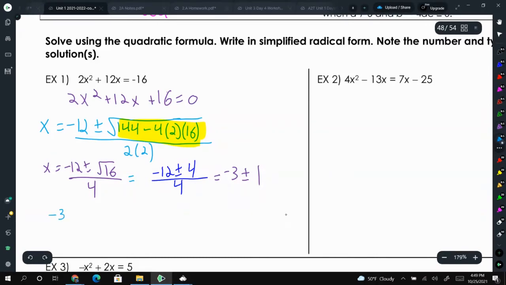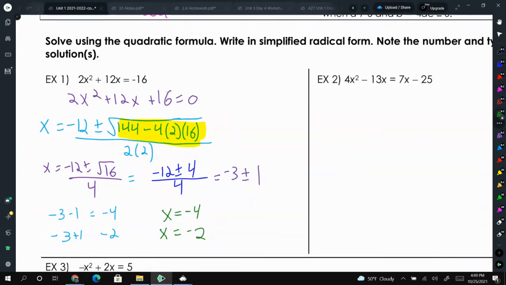So we're going to have negative 3 minus 1 and negative 3 plus 1, negative 4, and negative 2. That means my solutions are x equals negative 4 and x equals negative 2. Now, you could have solved this one, like I said, maybe by dividing both sides by 2 and then factoring, but I wanted to show you that this formula will work regardless.